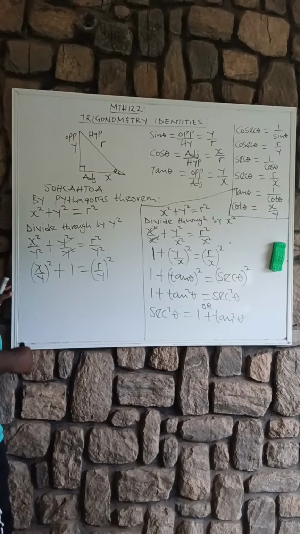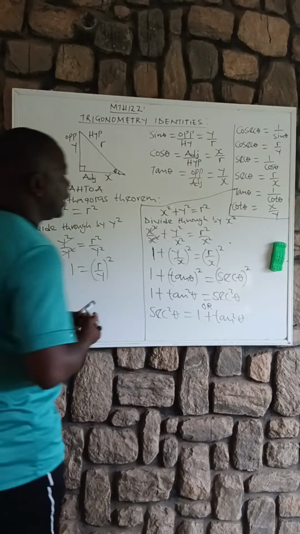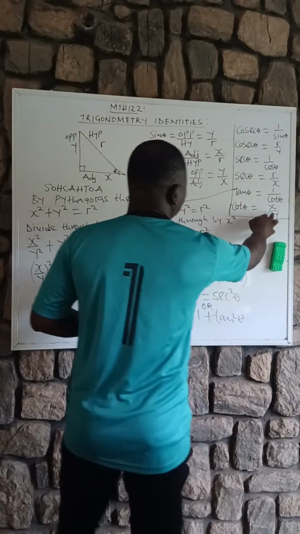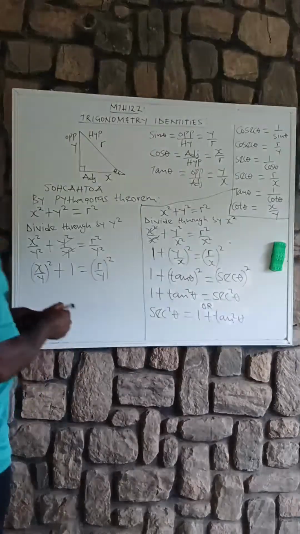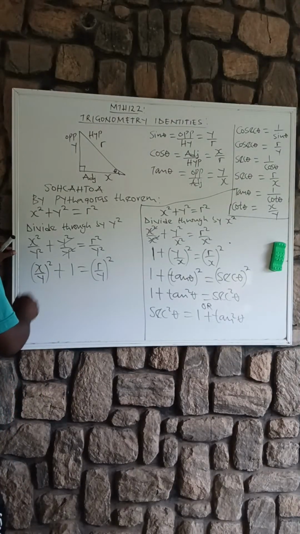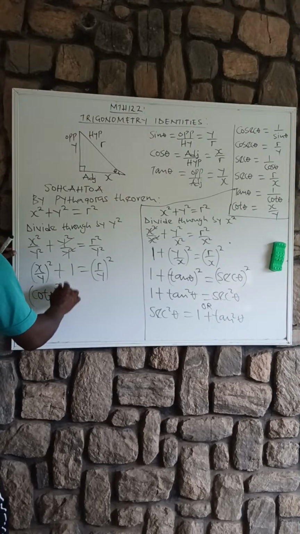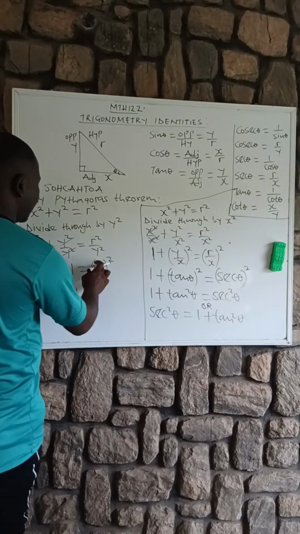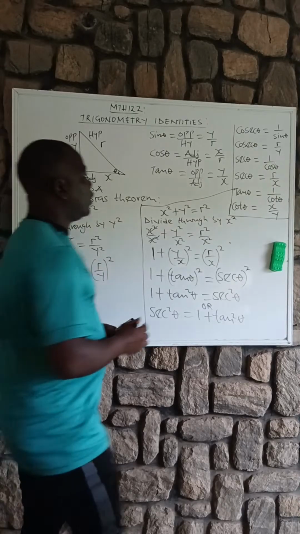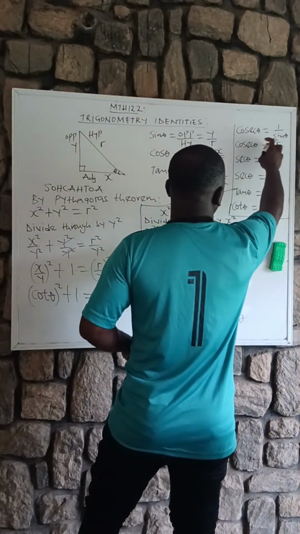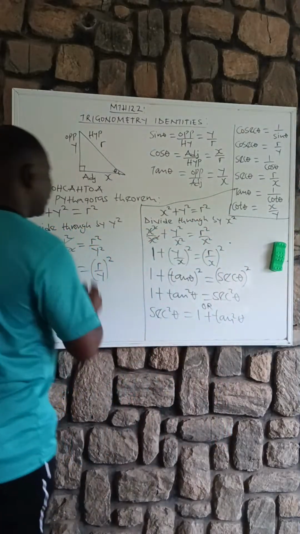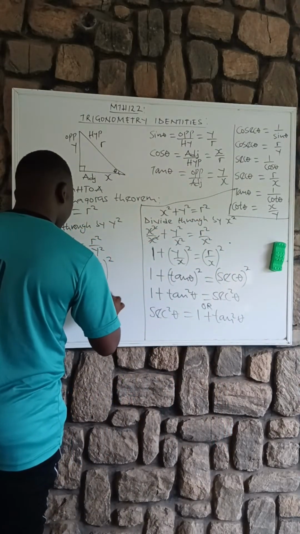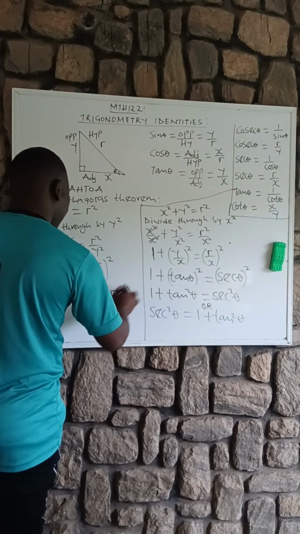So you can now see that let us define x over y. X over y is cot theta. Here, look at it, it means tan inverse. So here will now be cot theta all squared plus 1, because what is r over y? R over y is cosec theta, which is sin inverse. So here will now be cosec theta all squared.